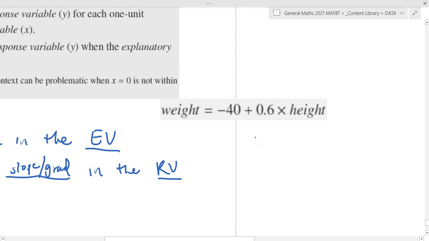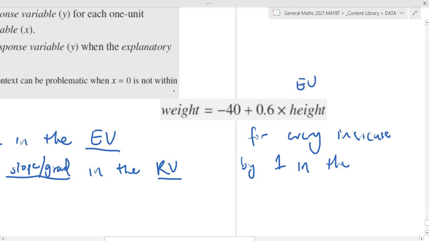increase by 1 in the, okay, what's my EV here? Anyone want to tell me? What's the EV for this? Height. So height is the EV, weight should be the RV.